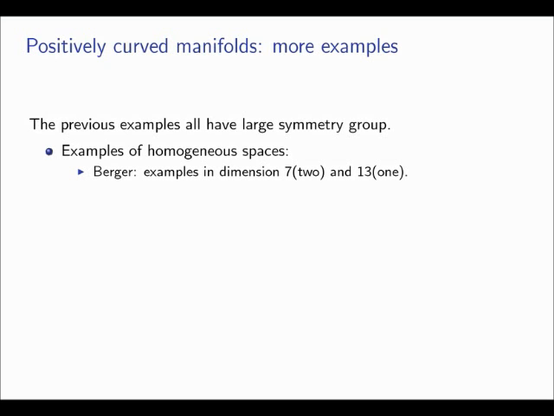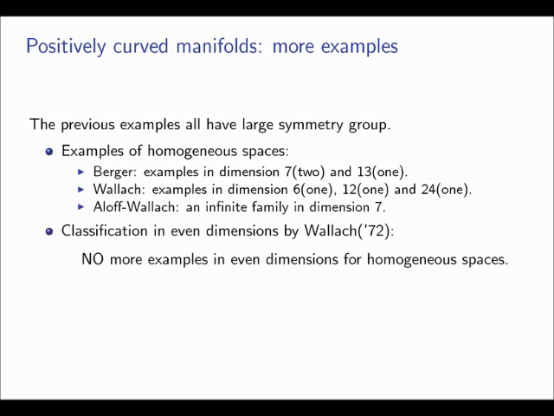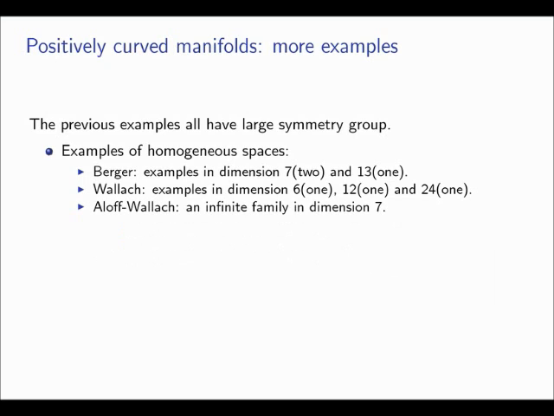And for the homogeneous space, we have more examples. Okay, so we have examples given by Berger. Two examples in 7 dimension, and an example in 13 dimension. This is the odd dimension. And then we look at the even dimension.